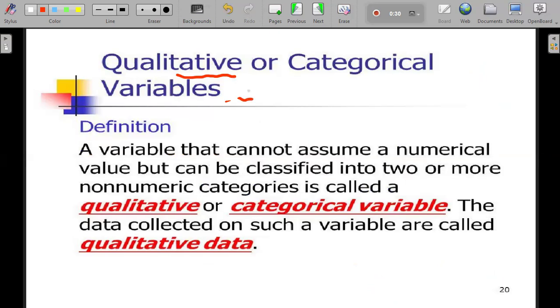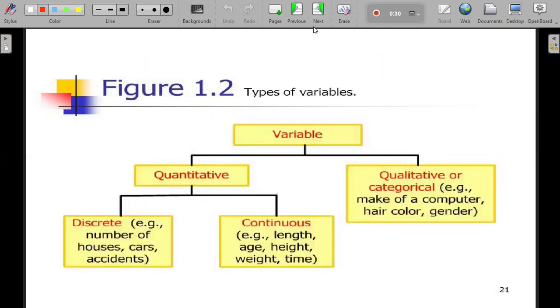And then we can talk about qualitative or categorical variables. These are variables that cannot assume a numerical value, but can be classified into 2 or more non-numerical categories. Let's look at examples here. This is the variable, and on my right here I have qualitative variables.